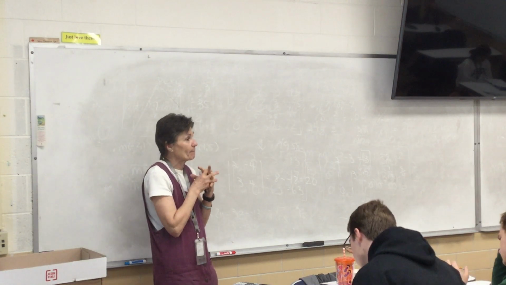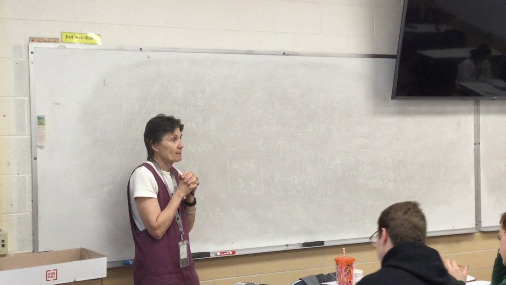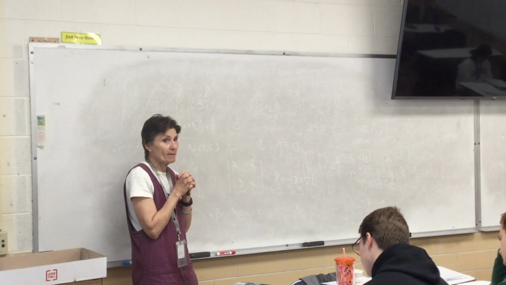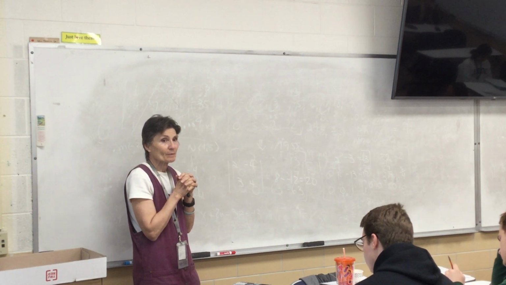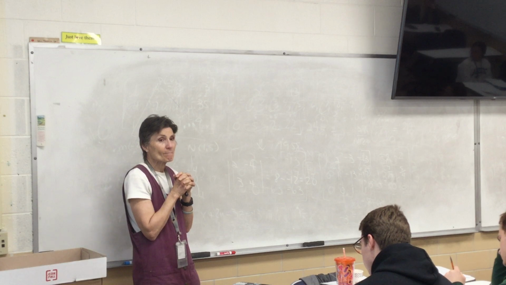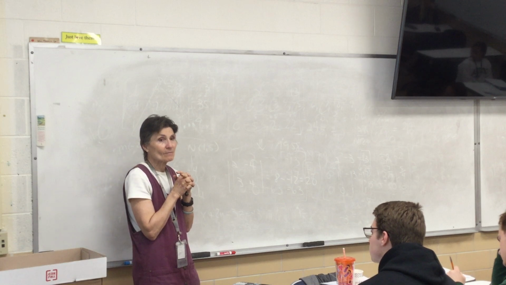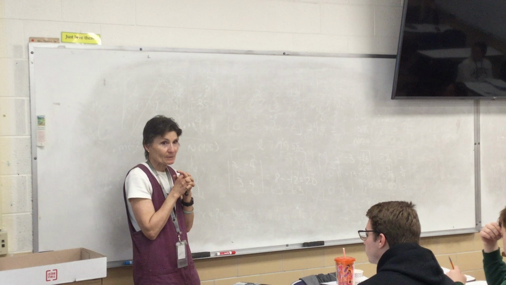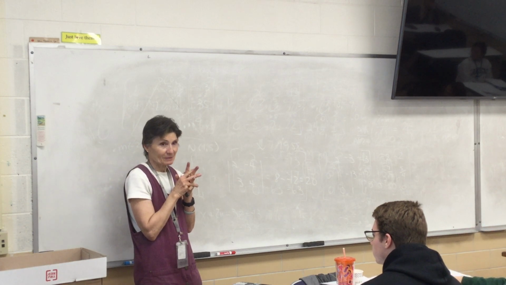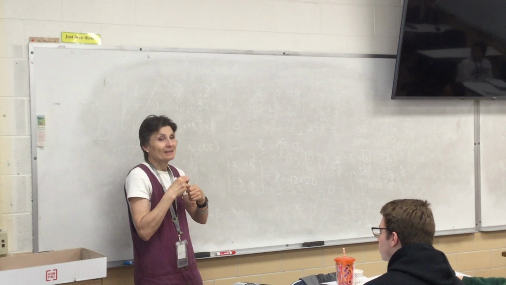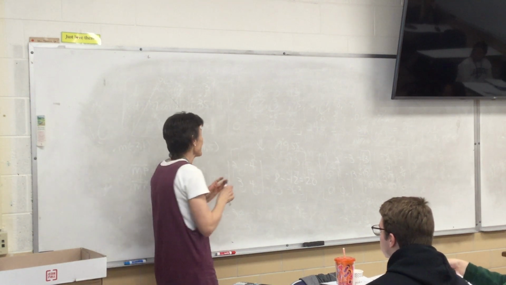How many ways can I arrange them in a row? It doesn't always say that, but in a row. What do you think, Ben? 6. How'd you get 6? Because you can only put one object first with 2 different combinations. Okay, what he's saying is very good.